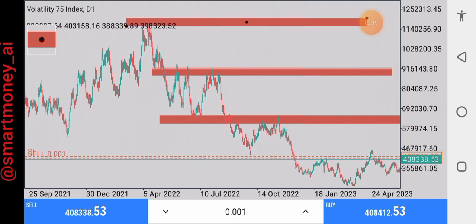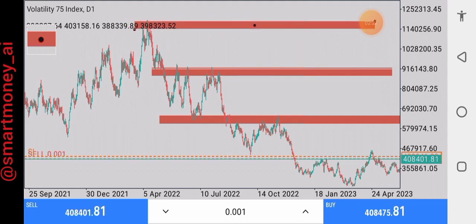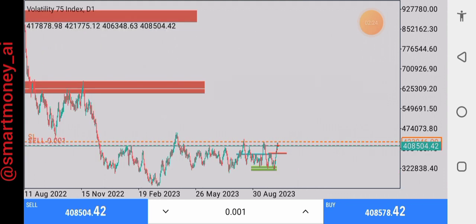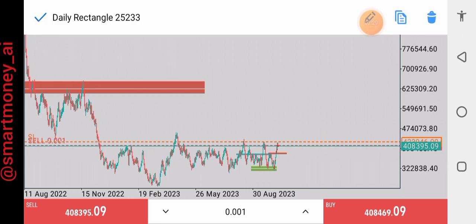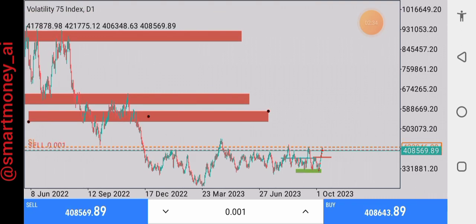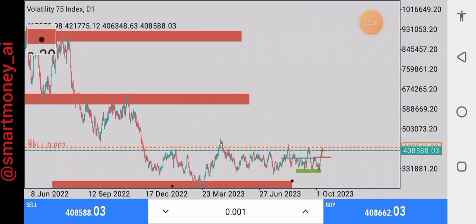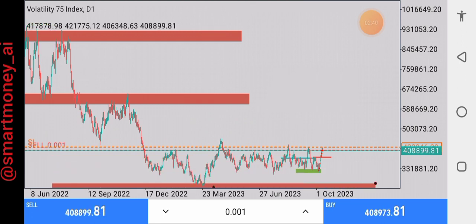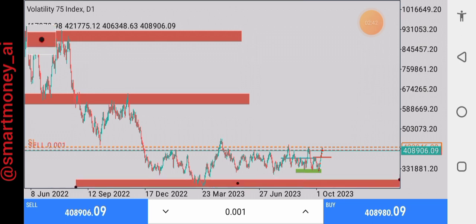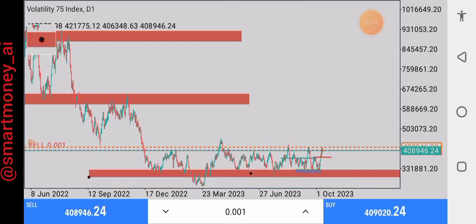Let me also mark this guy. So we are marking all the supports and resistance you can see here, right? So I have another support here. Let me expand it because price got here and reversed, right? So I'll do it this way so it caters for all these guys.